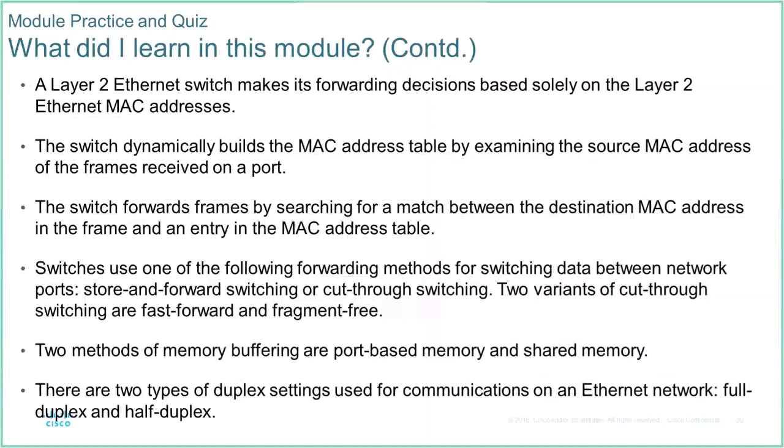We looked at the two methods of store and forward and cut-through switching, and the quick pluses and minuses of those two methods, and port-based or shared memory buffering and the quick pluses and minuses of those. And duplex and half duplex basically only affects anything under gigabit.